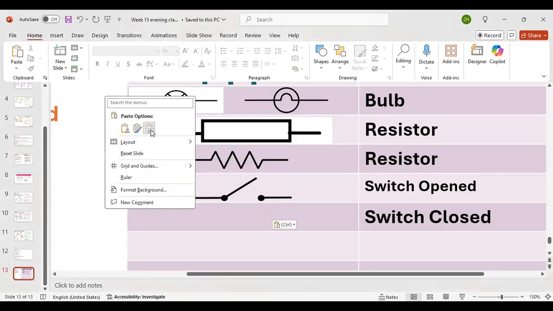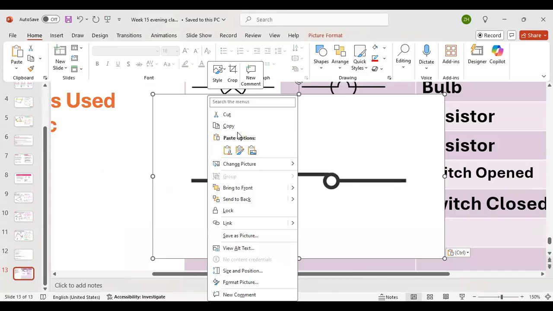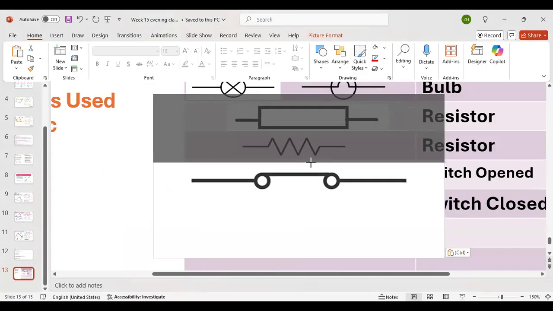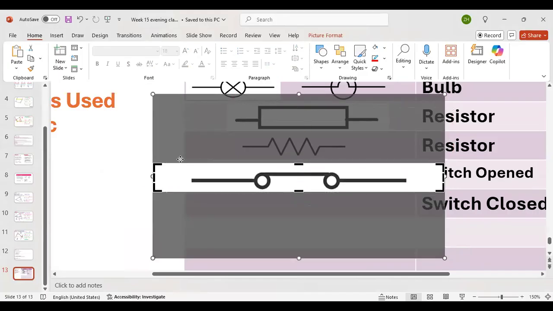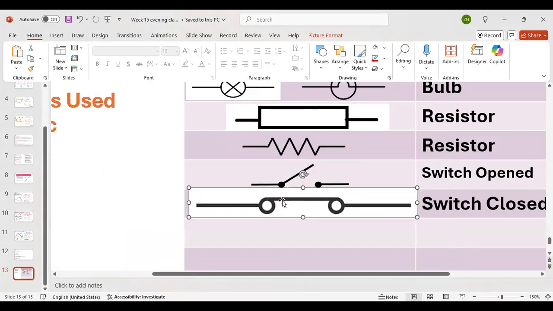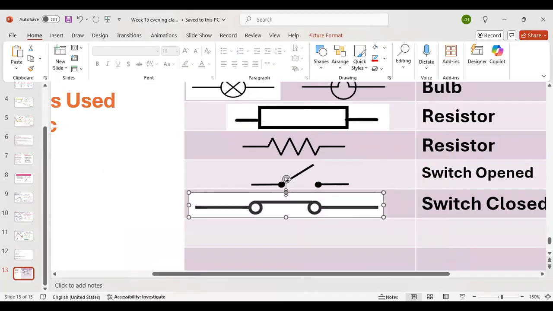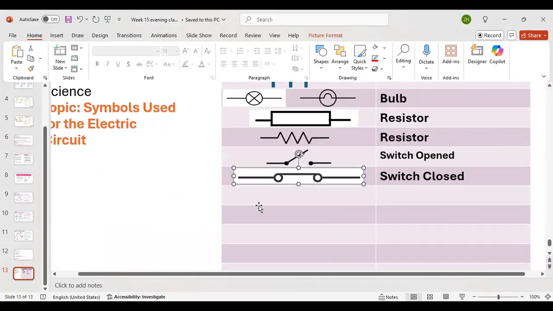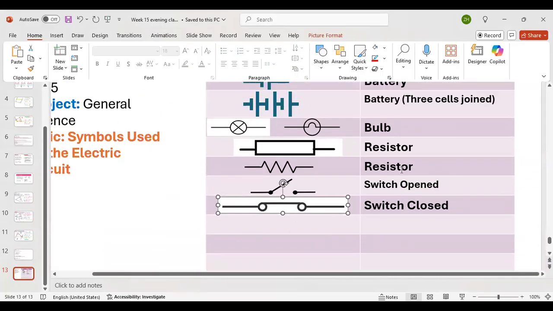Let me close this, like this, just like that. Switch close. And you need the switch to be closed in order for electricity to pass through.